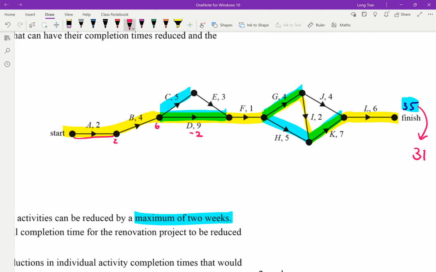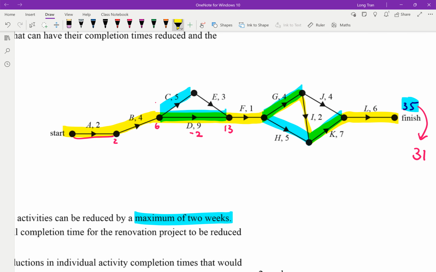The problem is that if I subtract this by 2, that's now 6 plus 7 gives me 13. But interestingly enough, if I went up in this route, 6 plus 5 is 11, and 11 plus 3 is now 14. And you can already see that because C has 5 plus 3 is 8. And by minusing 9 by 2, it's 7, so it changes the critical path.